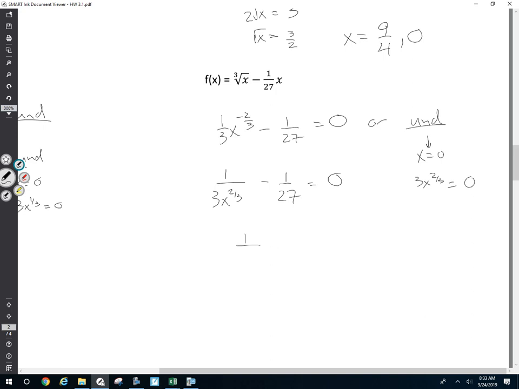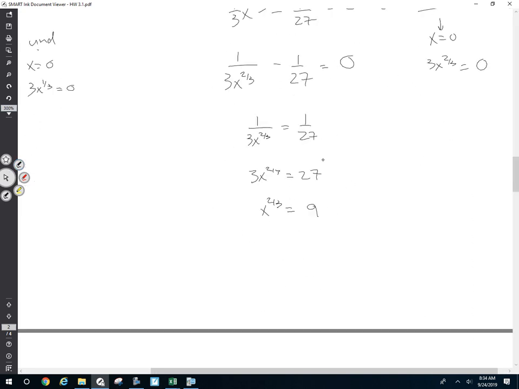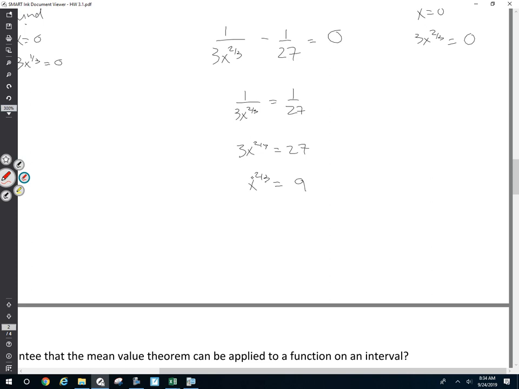Add 1/27. We can flip both sides. Divide by 3. Now, how do I deal with this x to the 2/3? Take both sides to the 3/2, because 2/3 times 3/2 is just 1, and this is what we have to do. Now we have to be careful. We will get 9 to the 3/2, so this is like the 9 to the 1/2 cubed, which we can do.